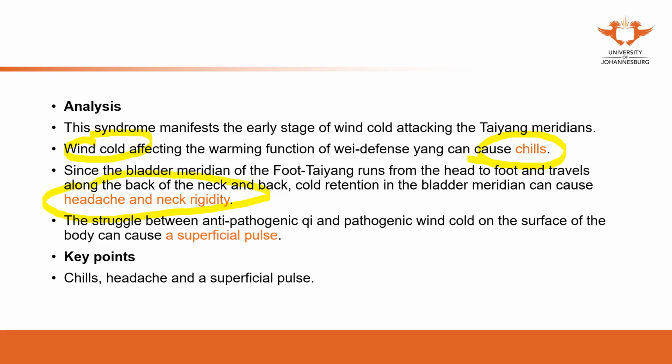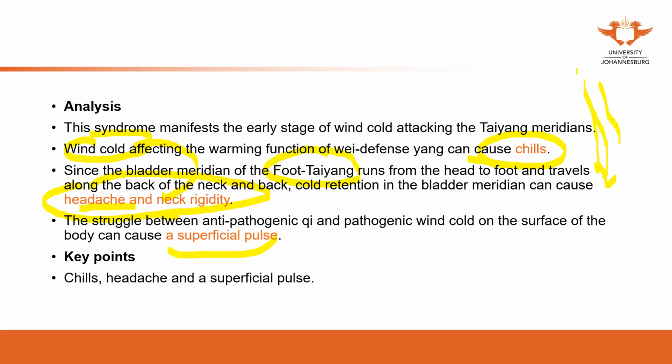As you can see from the previous slides, the foot Taiyang meridian runs all the way from the head to the foot, traveling from the head through the neck to the back. So once the meridian is blocked in the head and in the neck, the patient will feel headache and neck rigidity or stiff neck.